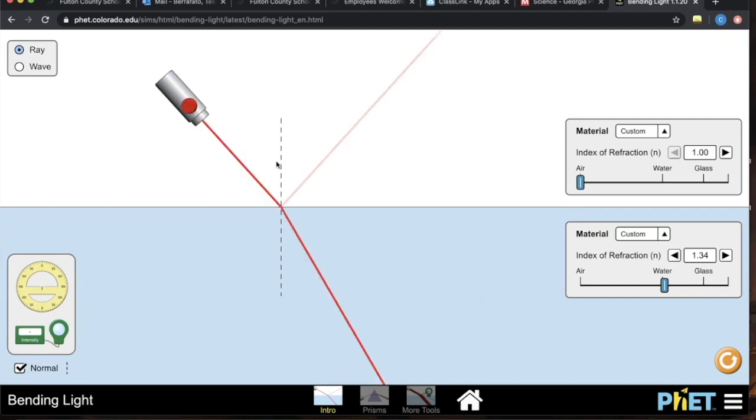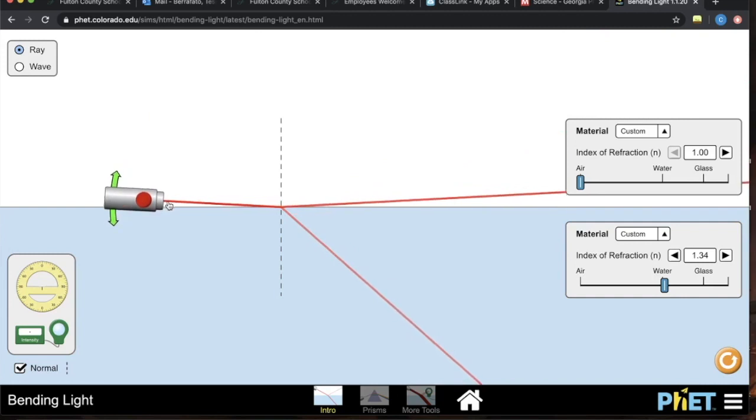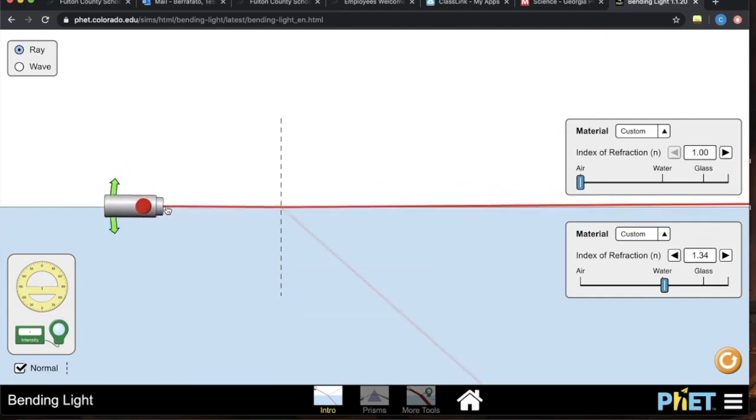As I shine this light, you're going to see when it hits the water right here, you're going to see the reflected light, and the refraction going in the opposite direction. If we move it at a certain angle, they're actually going to meet.